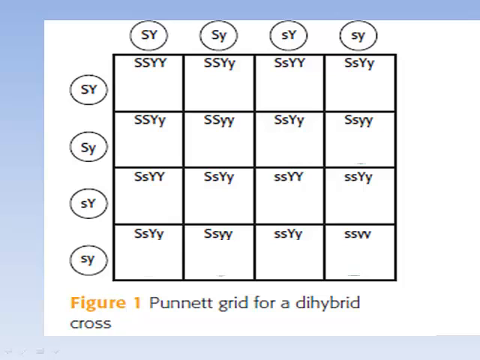The next thing we have to do is figure out what the phenotypes would be for all these possible zygotes. Well, let's look at it. Let's put a picture of a smooth yellow pea in each box where we have at least one dominant allele for each trait.